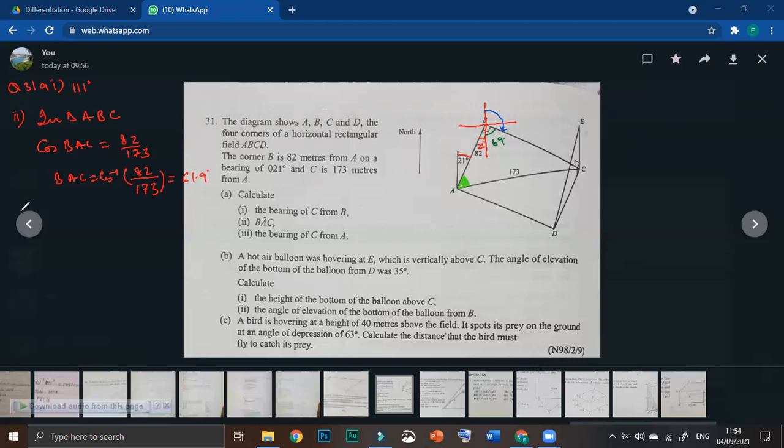Now, part number 3 is the bearing of C from A. Now, which one is the reference, C or A?